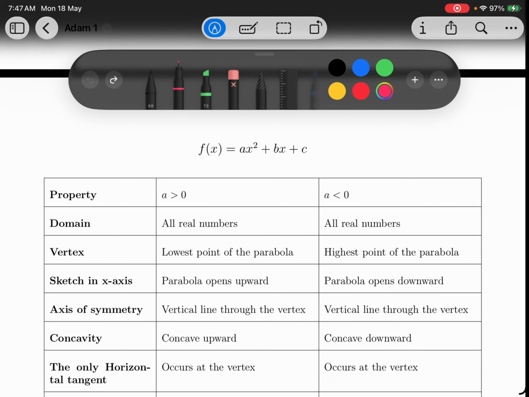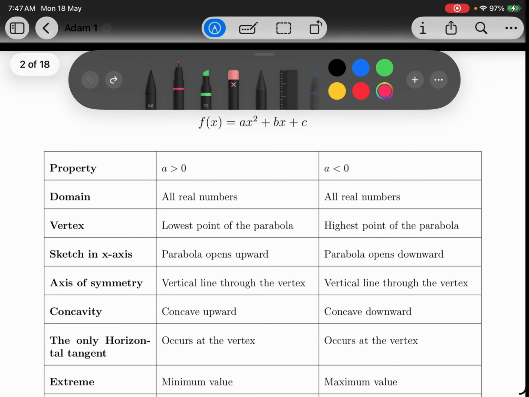And for these properties, first of all, we have the leading coefficient. The leading coefficient here is a, which is the constant multiplied by x squared, as long as we are talking about a quadratic. The highest power is 2, so a is the leading coefficient, and for a we have two cases: when a is more than 0 and when a is less than 0.